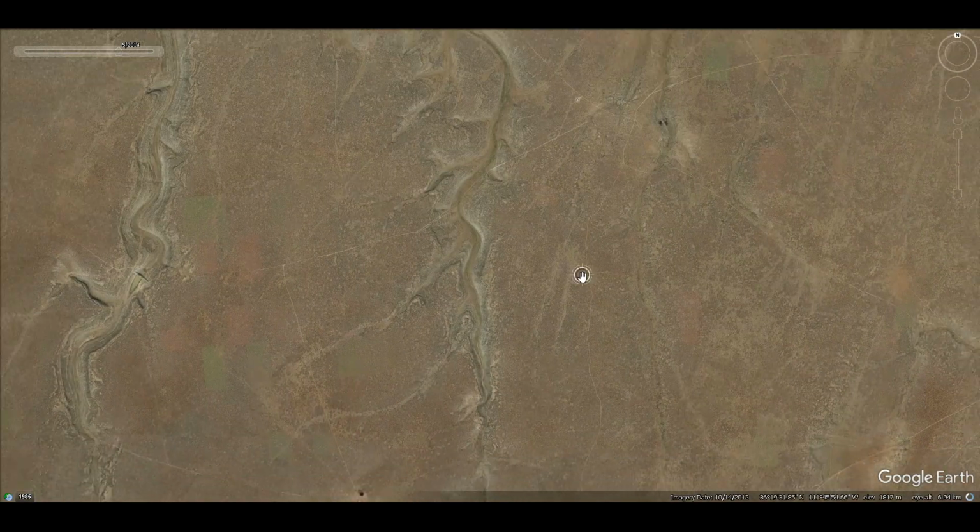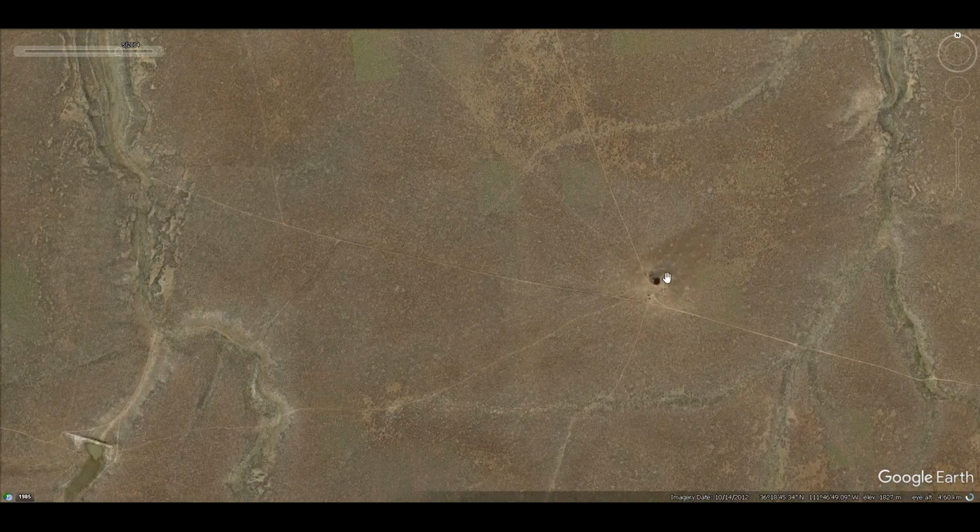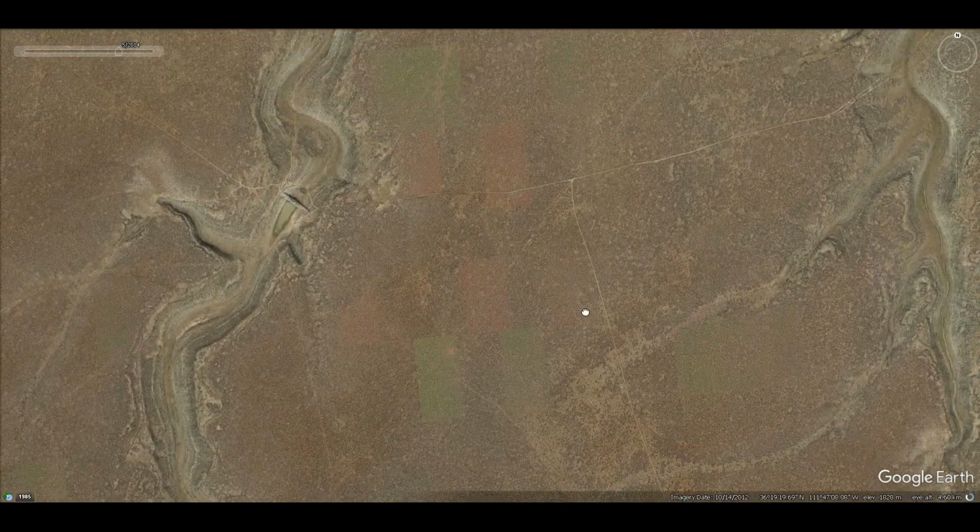There are a lot of them here. And look at the colored rectangles that are showing through in the image. Red and green. What is that?